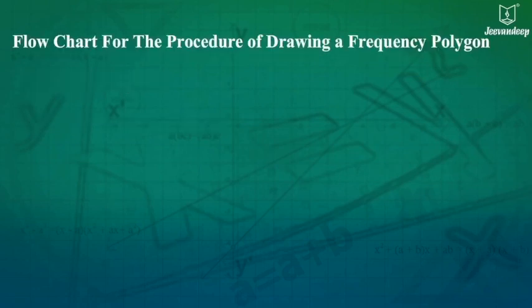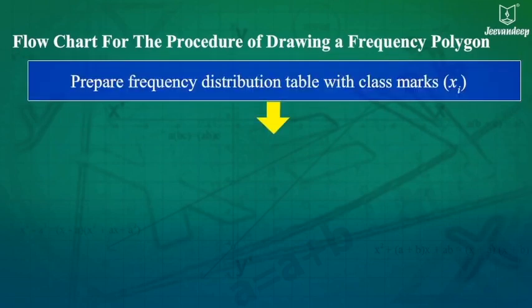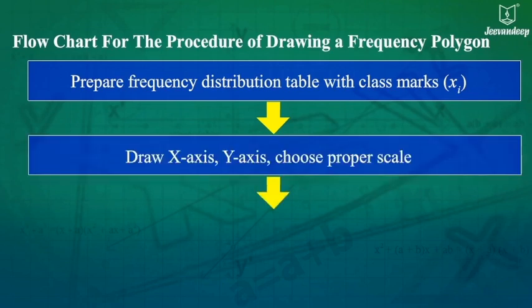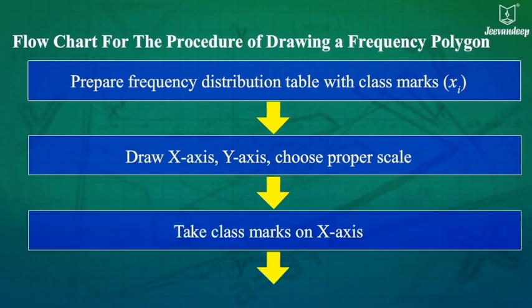Flow chart for the procedure of drawing a frequency polygon. Prepare frequency distribution table with class marks xi. Draw x-axis, y-axis. Choose proper scale. Take class marks on the x-axis.